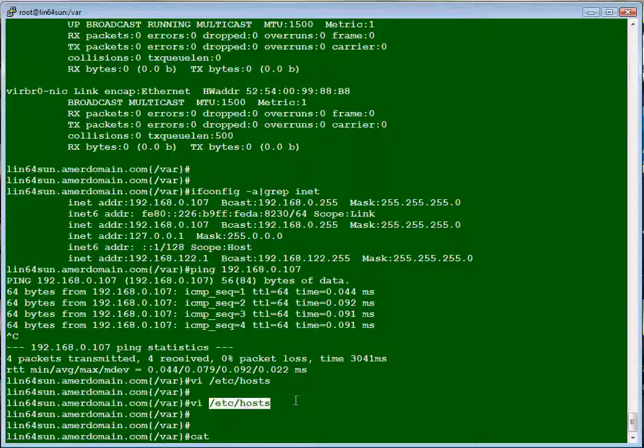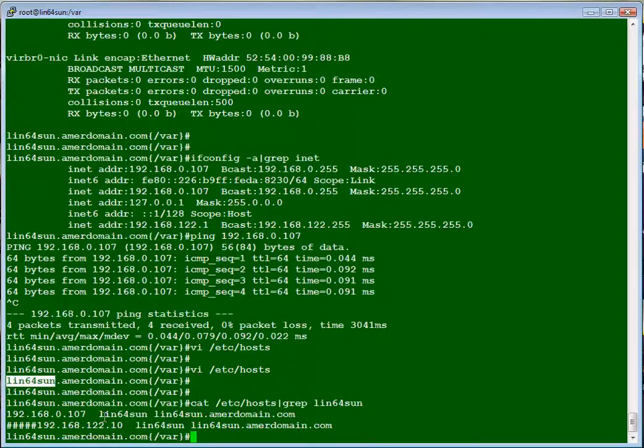So you can cat this etc file and check if it is showing now. So yeah, this is the one. This is the correct IP.